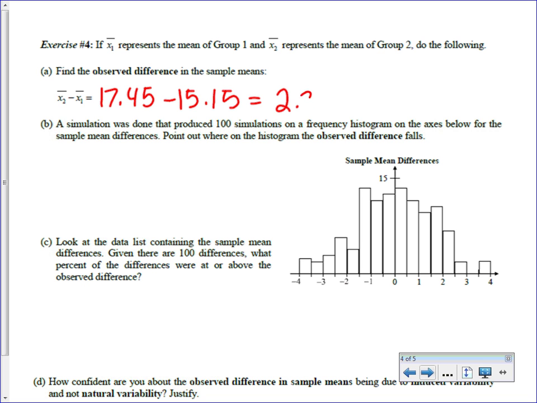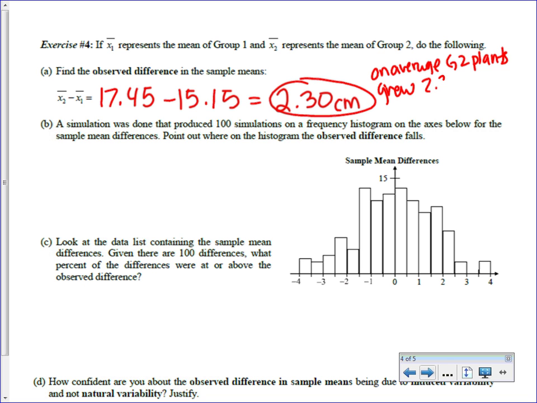So that's a mean difference of 2.30 centimeters. So that means on average, group 2 grew 2.3 centimeters more than group 1. I'm going to write that down. On average, group 2 plants grew 2.3 centimeters more than group 1.